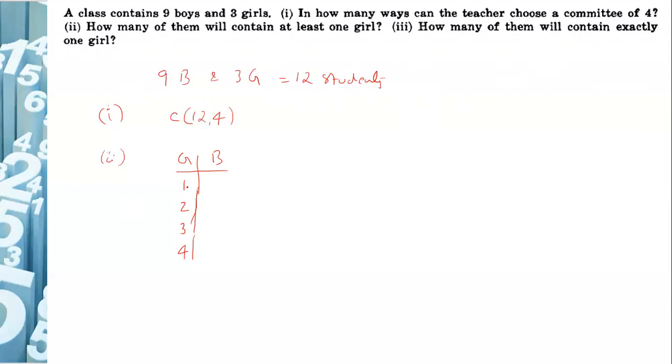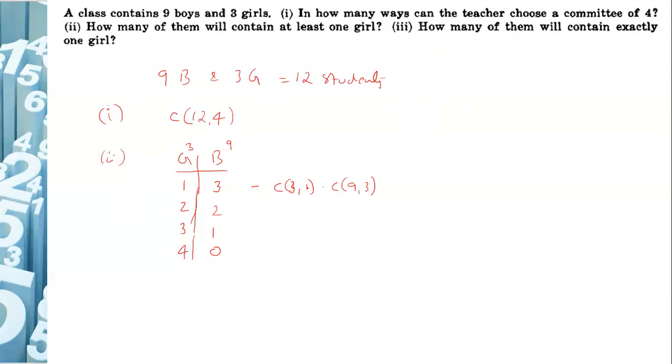When one girl is included from 4, boys should be 3. Here 2. Suppose 3 girls are there in the committee, then one boy is the choice, and here 0 boys, meaning we select all 4 girls. How many ways can you select one girl from 3? Recollect that 3 girls are there and 9 boys. We can do C of 3 comma 1 ways, and multiplication, C of 9 comma 3.